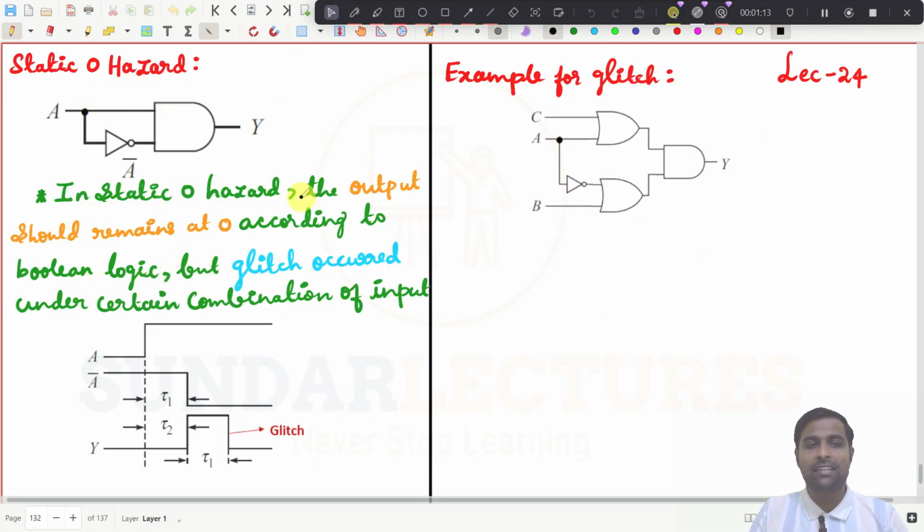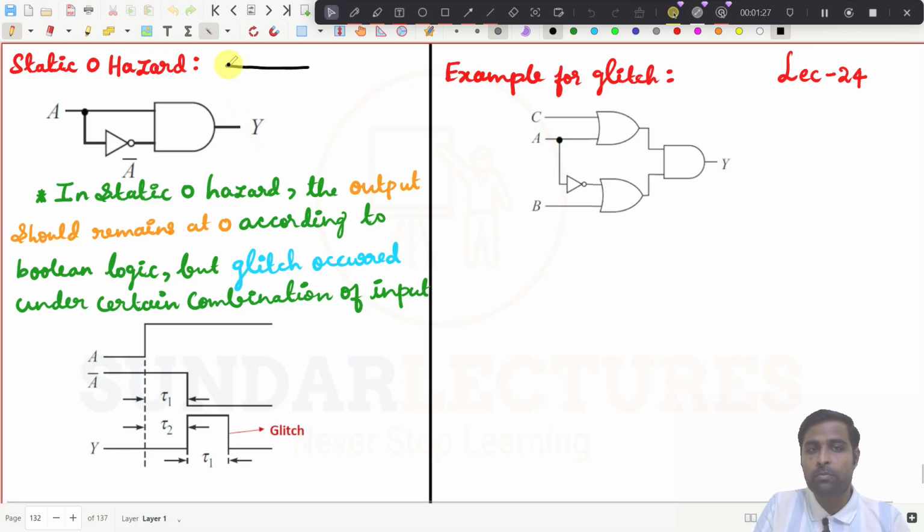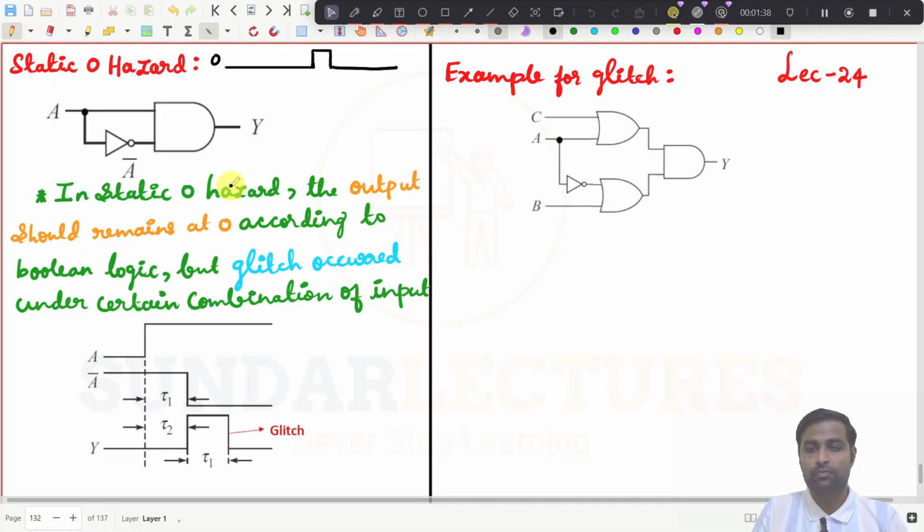What is static 0 hazard? In static 0 hazard, the output should remain at 0 according to the Boolean logic, but a glitch occurs under a certain combination of inputs. The output should be at 0, and for a moment it goes to 1, and again it comes back to 0.